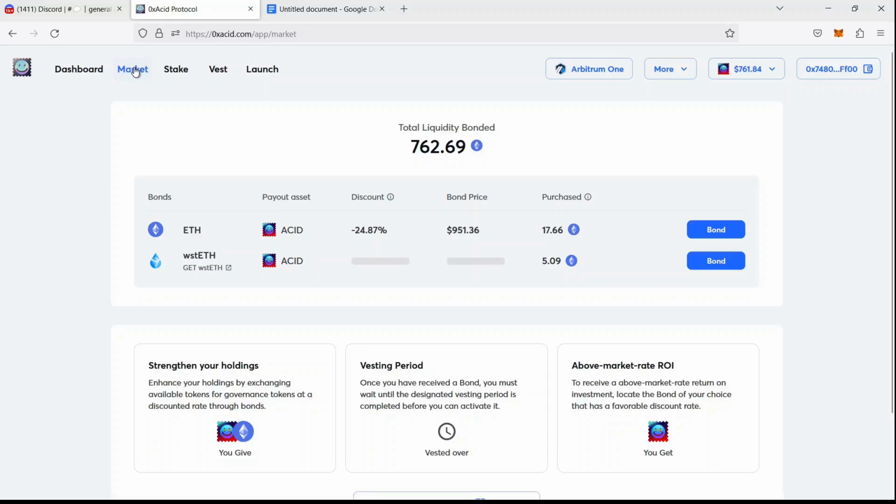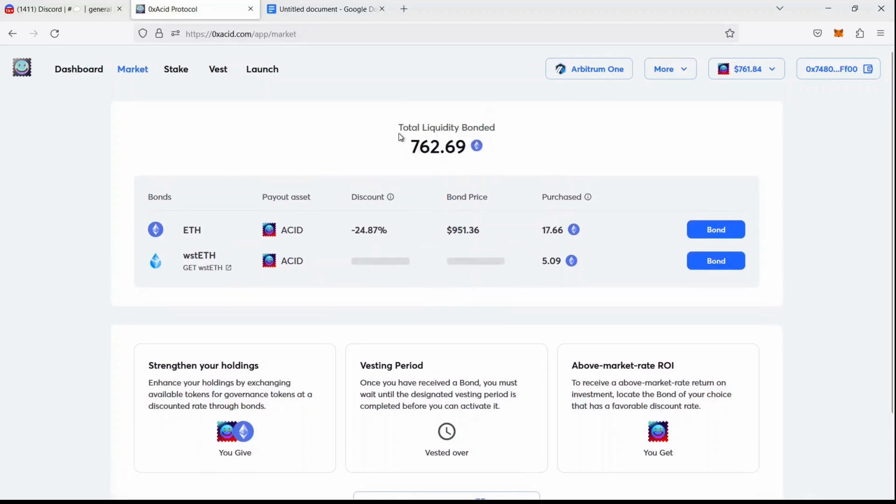Now, moving on to the market section. There's two things you need to know: if you want to get ACID token, you either buy it from the open market on the Camelot exchange, as we have provided in a different tutorial video, or you are able to bond to be able to get asset.